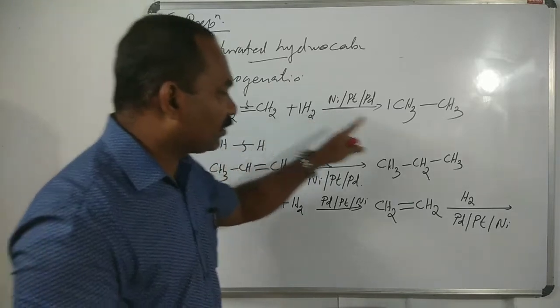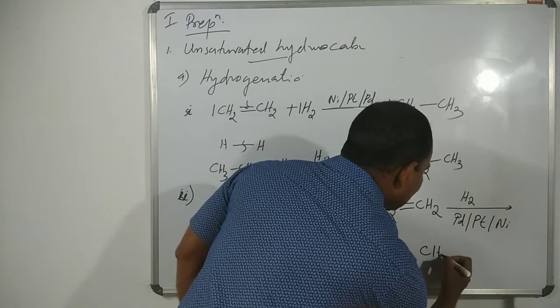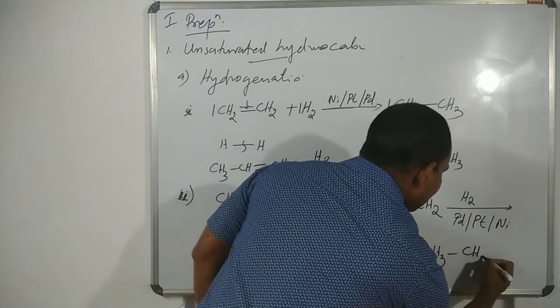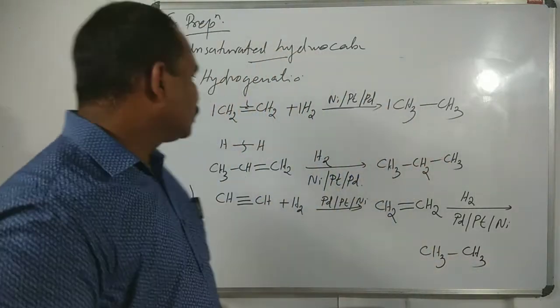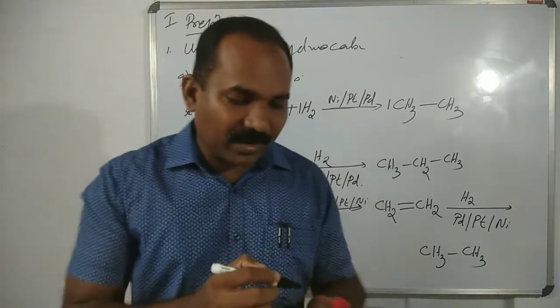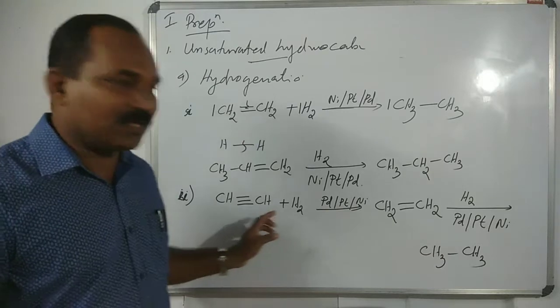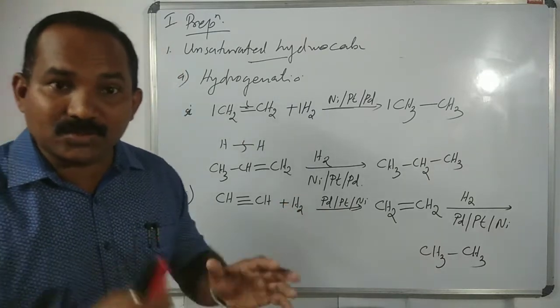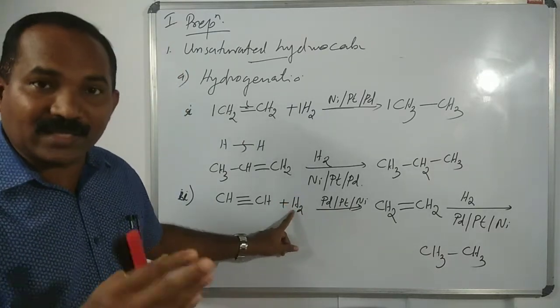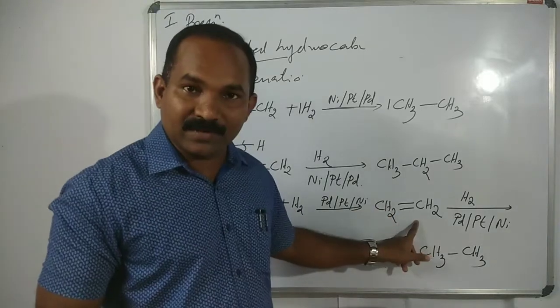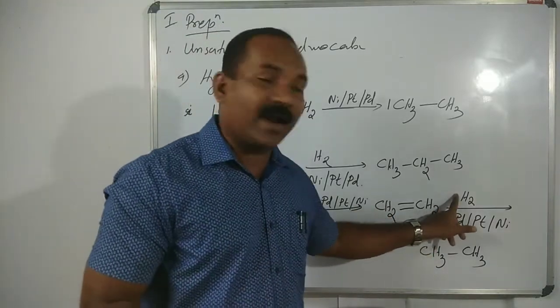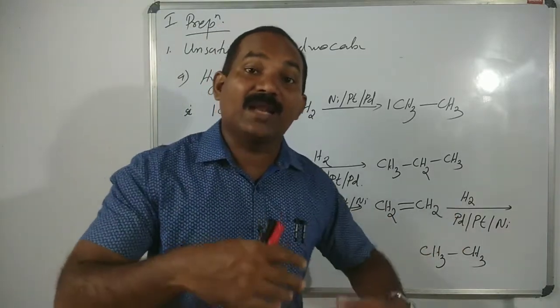CH2 plus H2, what do we get? CH3. So alkene needs 1 mole of hydrogen, alkynes need 2 moles of hydrogen. 1 mole of hydrogen is added and we get alkene, and again 1 mole of hydrogen is added and we get alkane.